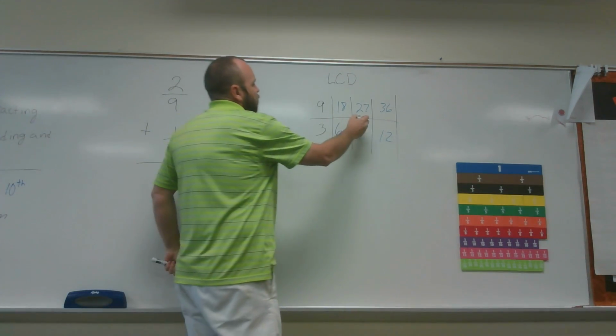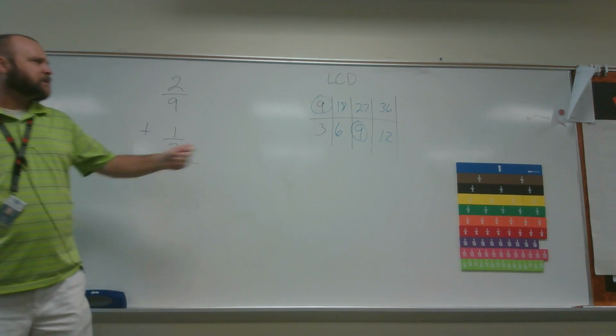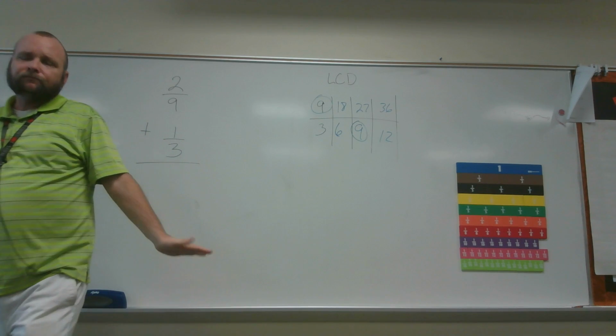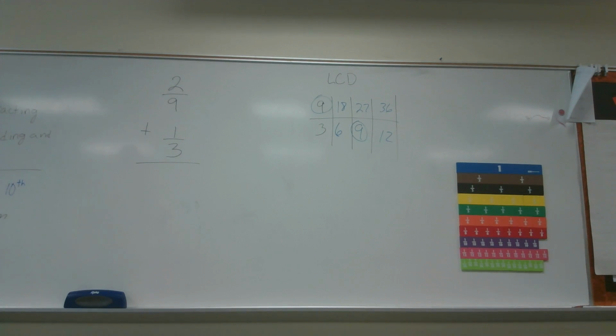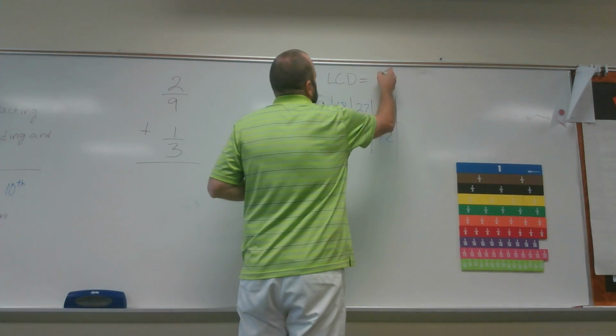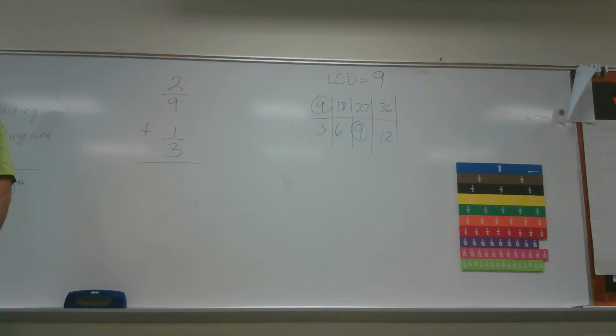In this case, they both have 9 in common. So I can always stop and ask myself, is the larger number a multiple of the smaller number? Yes. That's going to be easier, and if it's not, we'll just keep adding to it. So now I know my least common denominator is going to equal 9.